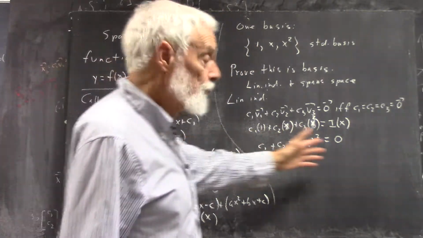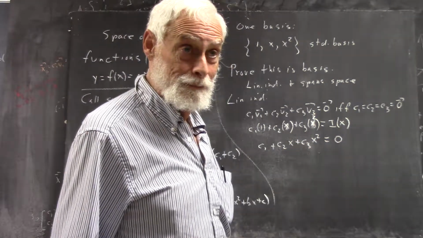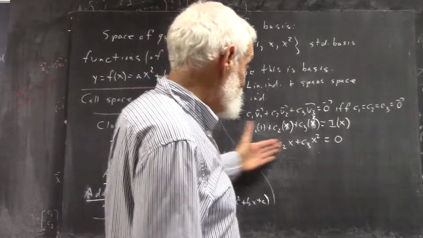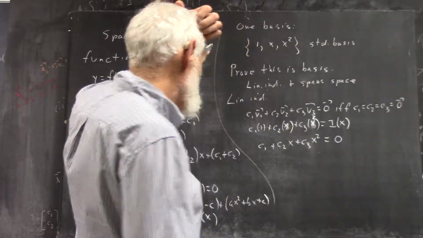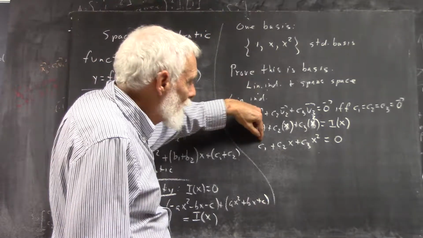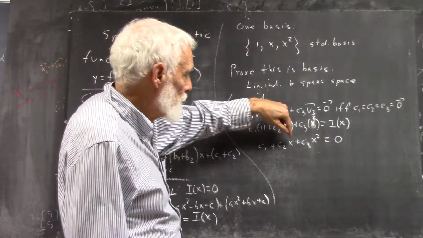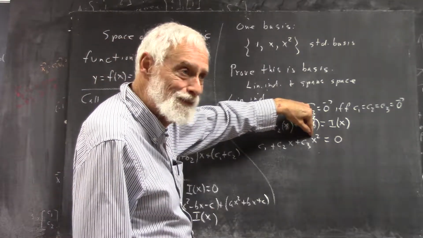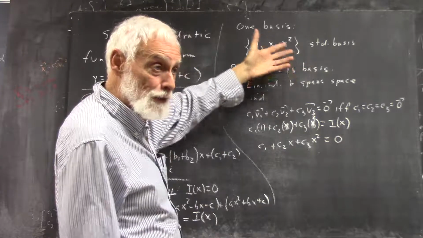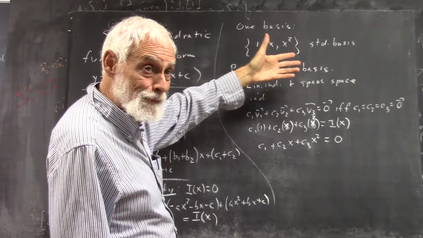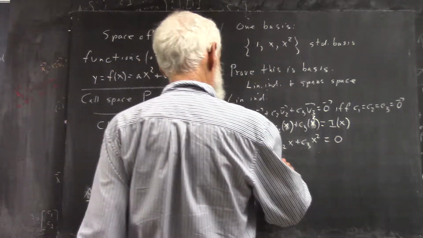How can that possibly be? Well, if these add up to 0, no constant can be added to a non-zero multiple of x and/or x squared to give you 0, right?